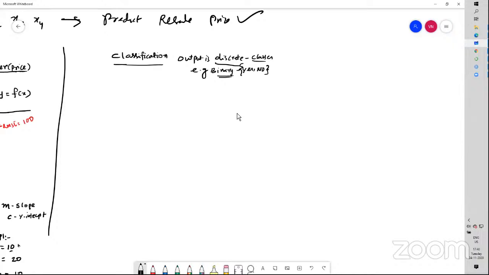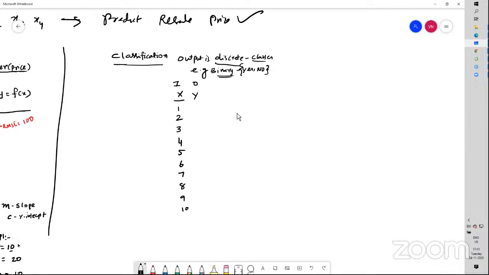So how does classification look like? Let's say we have X, which is our input, and Y, which is our output. Let's say X takes values like 1, 2, 3, 4, 5, 6, 7, 8, 9, 10.